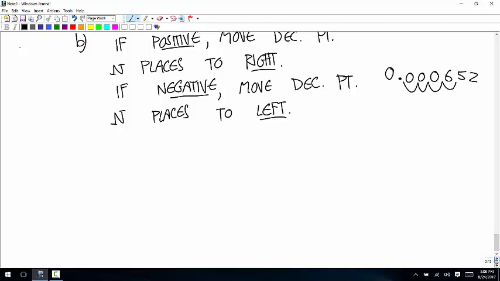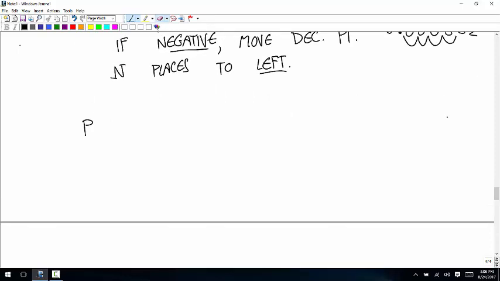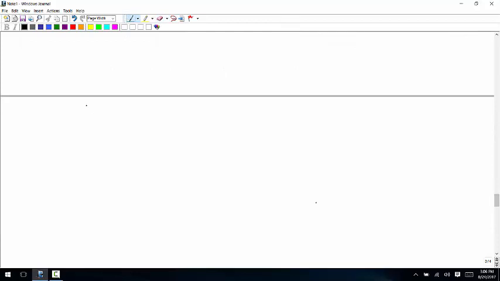So the last thing that I want to talk about today is prefixes like milli, centi, mega, micro. Here are the ones that are going to be most important to us.